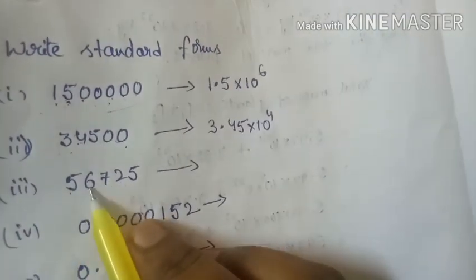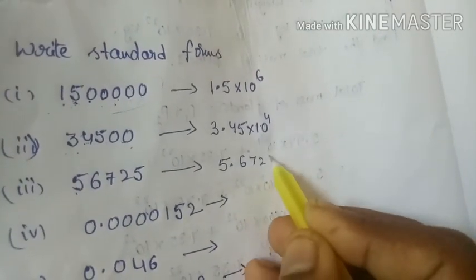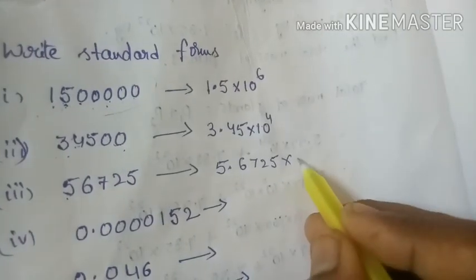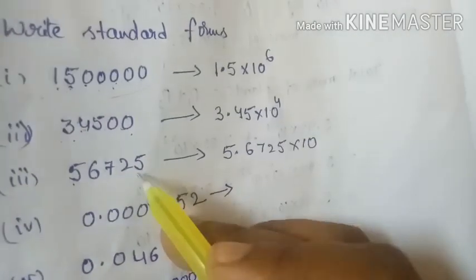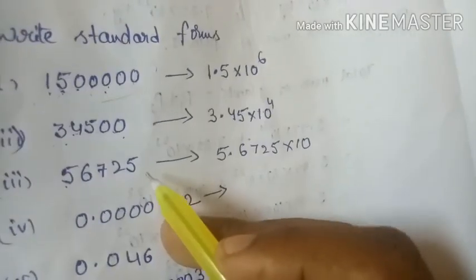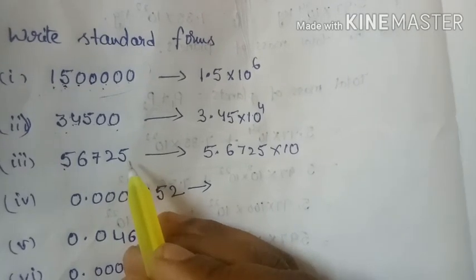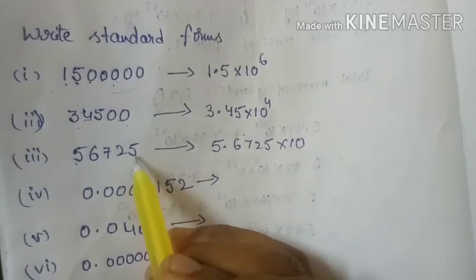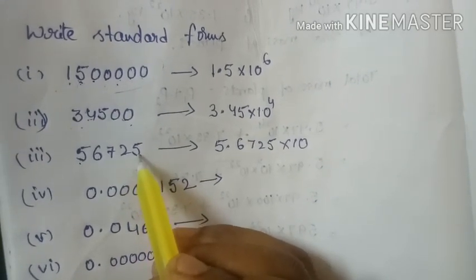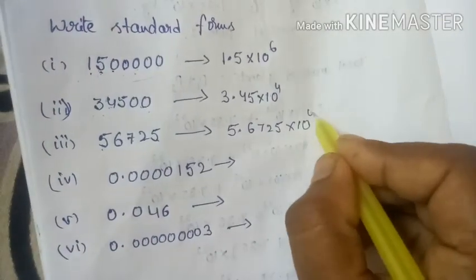Okay. Next one, 5, 6, 7, 2, 5. Just 5 point. Rest of the value should be written, and keep multiplying. We should take the base as 10 and count it. How many jumps will we take from here? 1, 2, 3, 4 jumps. So 10 power of 4.